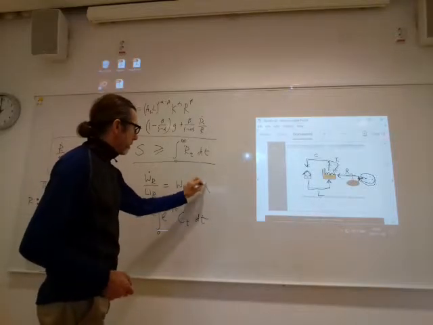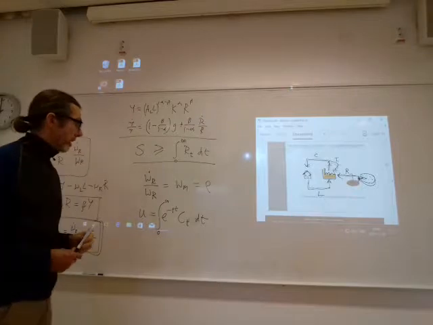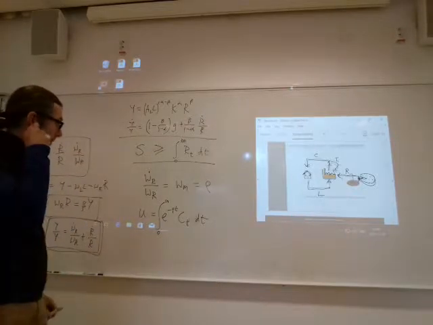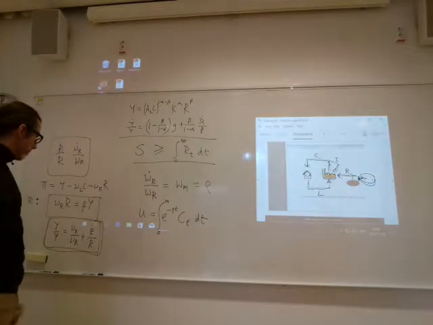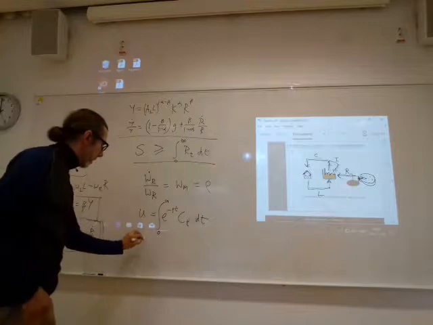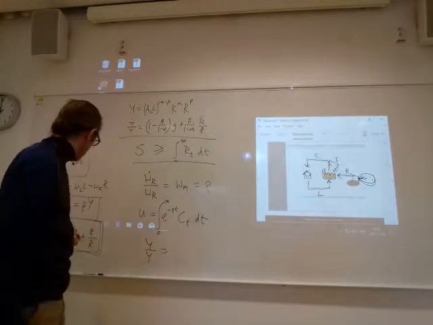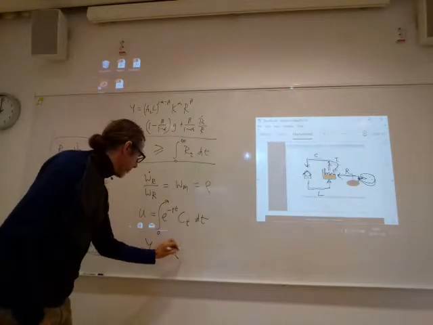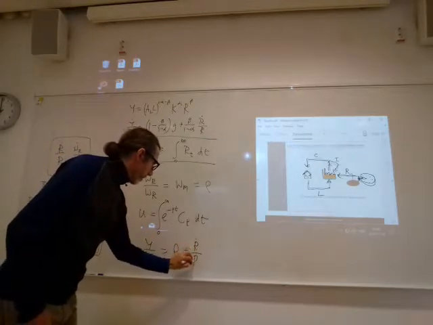Then the interest rate is just going to be that pure rate of time preference, rho. So then we know WR dot over WR in that simple case, which is the case we're going to deal with. So then we have Y dot over Y is rho plus R dot over R.